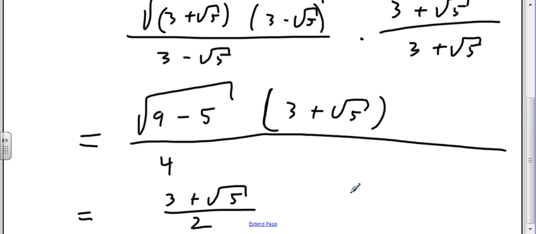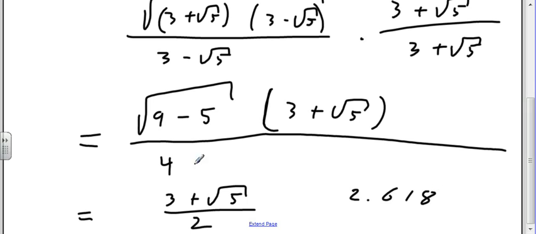And when we get done, we want the answer we have. My calculator gives me 2.618. And so 3 plus the square root of 5 divided by 2 is 2.618. So that's right.